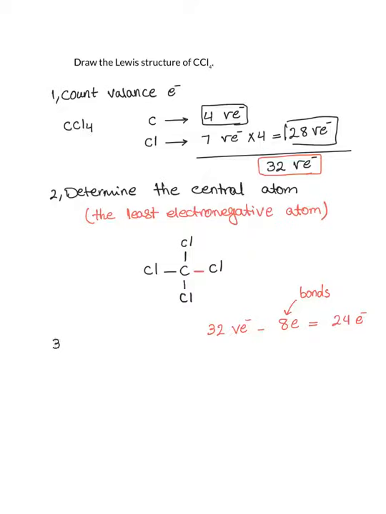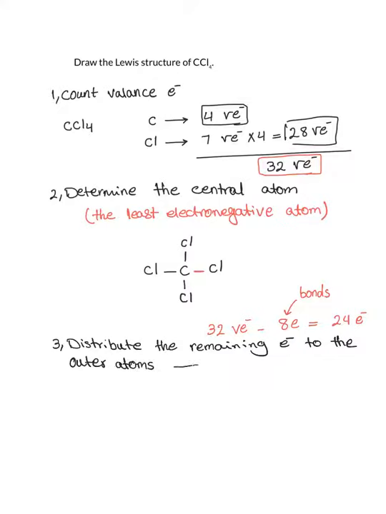The next step is distributing the remaining electrons to the outer atoms to complete their octet.